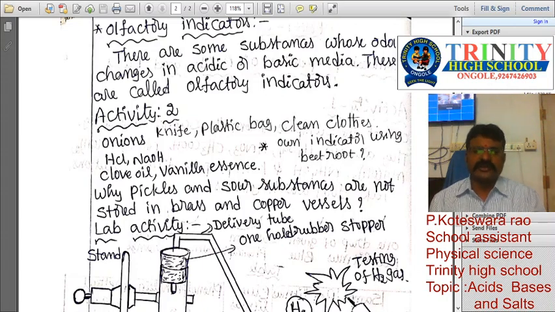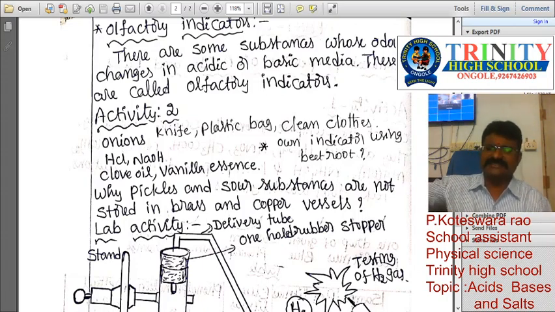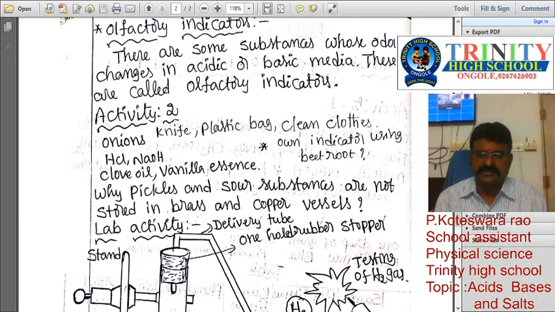Now we add 1 or 2 drops of vanilla essence in those 2 test tubes. Then we can observe the smell. We can easily understand that the smell before adding and after adding the solution is quite different.